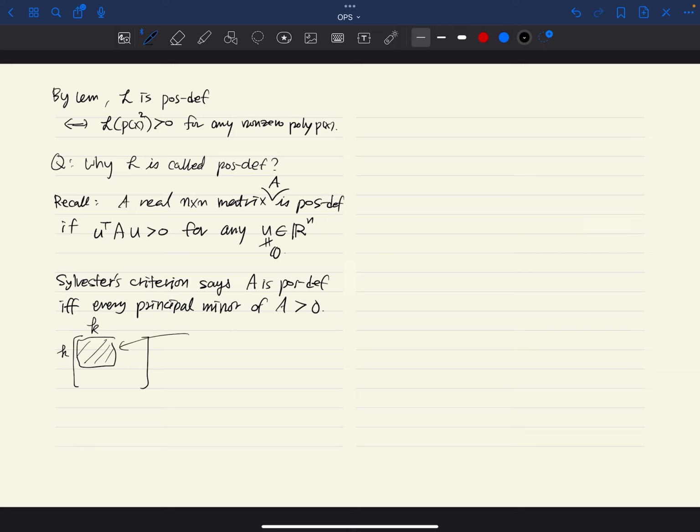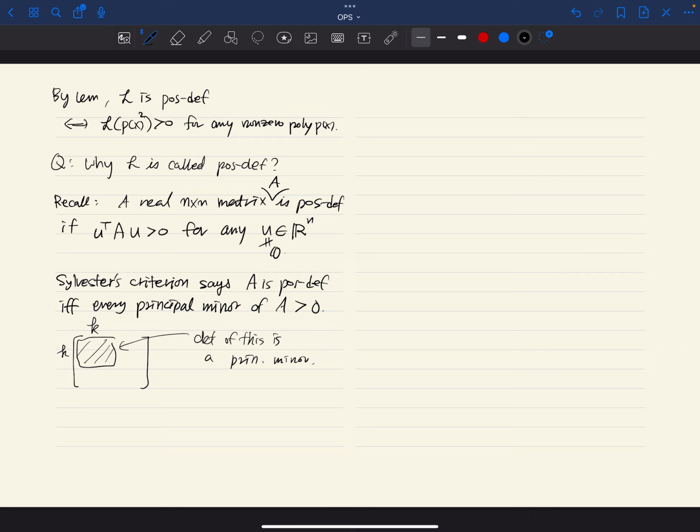This determinant is a principal minor. So if every such determinant is positive, then the matrix is positive definite. That's a theorem due to Sylvester.